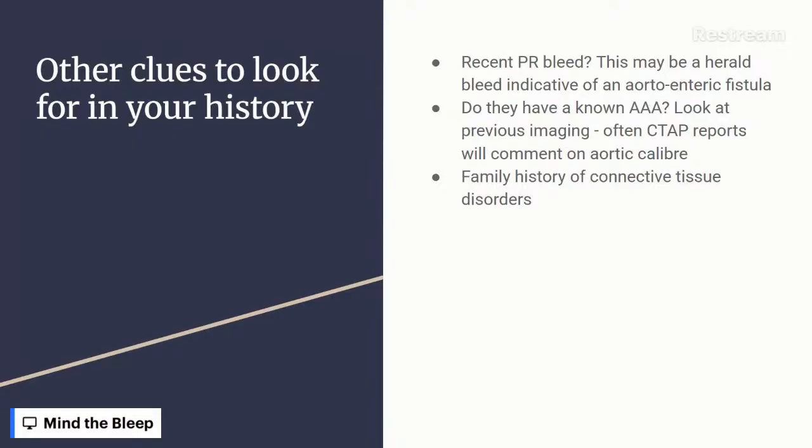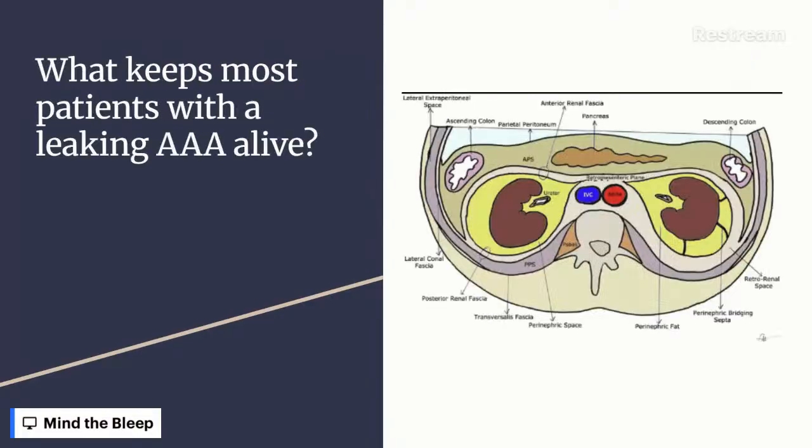And of course, something really important to look out for is a personal history or a family history of connective tissue disorders. So that's things like Marfan's or Ehlers-Danlos syndrome, things like that. AAAs are more common in such patients.